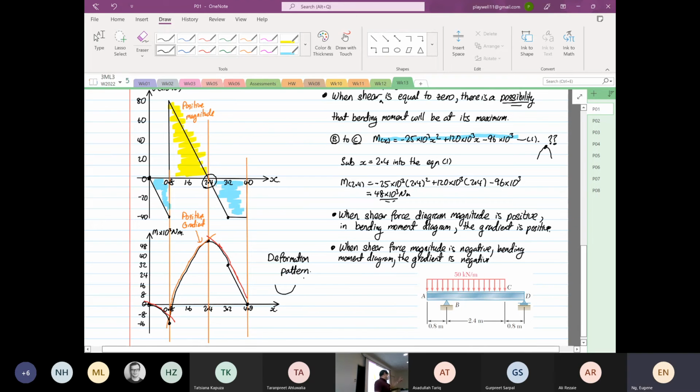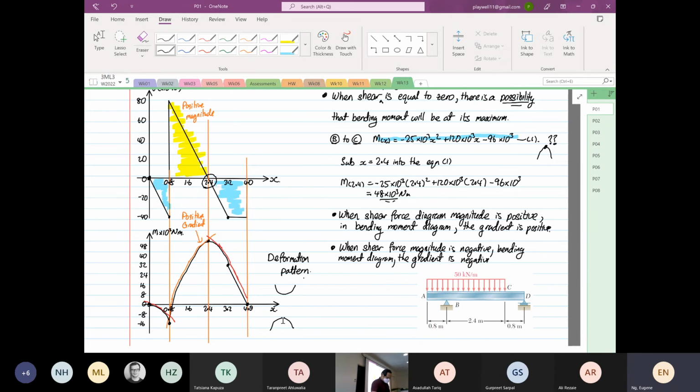We're talking about deformation pattern, not mathematical equation. And when there's negative bending moment, the deformation is a sad face. So from here, we can more or less sketch how the structure will deform.